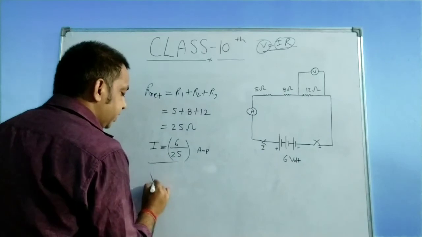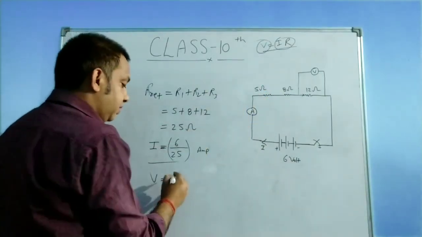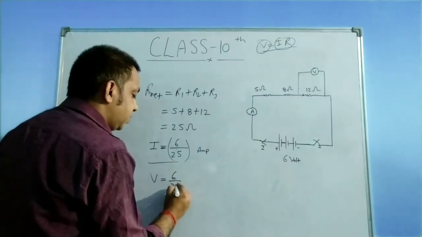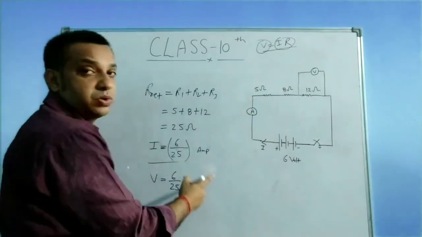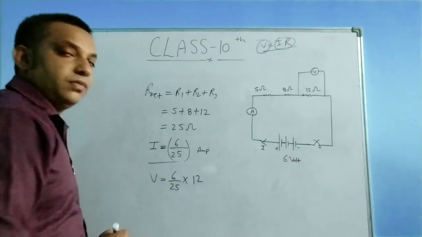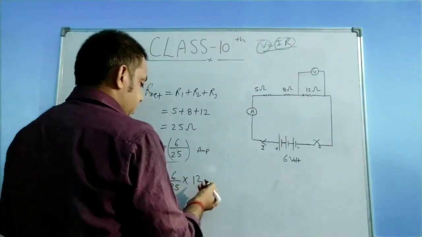So for the voltmeter reading, simply find the current flowing through this 12 ohm resistor. What is the value of this? This is 6 upon 25. So 6 upon 25 multiplied by the value of the resistor, which is I into R. Here this is 12. Right? So simply you can simplify this.